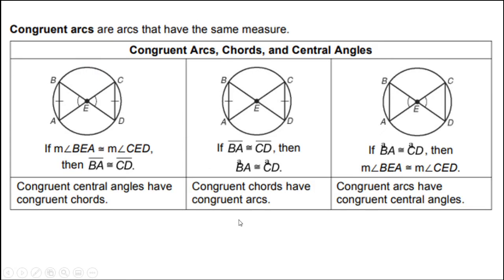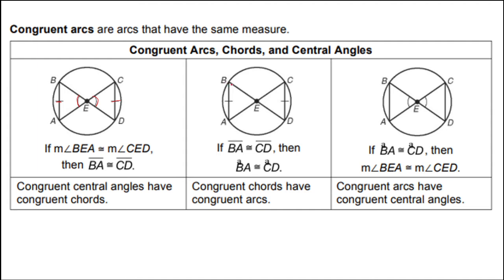Next. So, ganito natin siyang iintindihin. Kung ang central angle mo dito, congruent, malamang yung chord nila, congruent din. Okay?